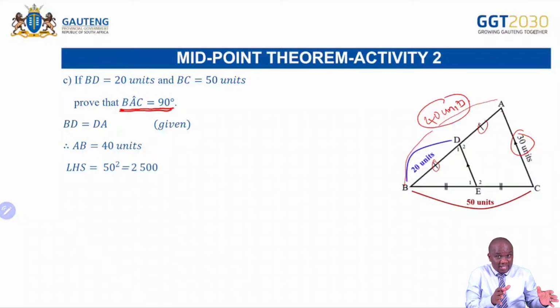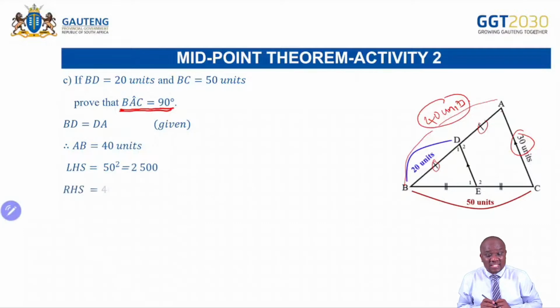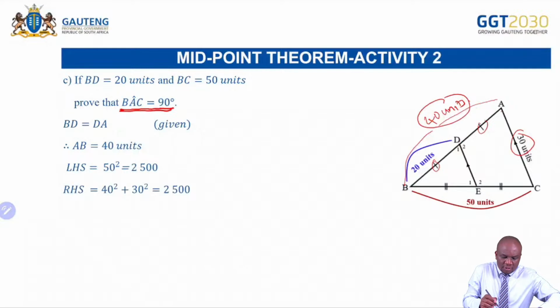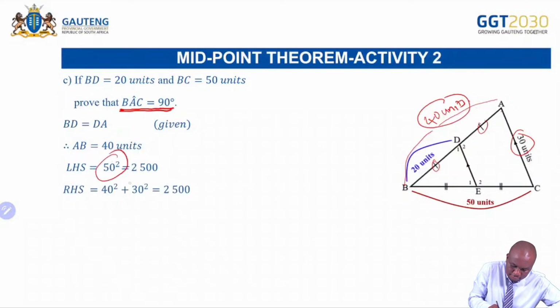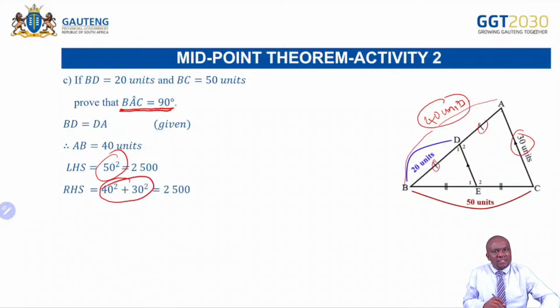That is the left hand side, the hypotenuse squared. And then on the right hand side of the equation, we have 40 squared plus 30 squared. What is it? 2,500. So the square of the hypotenuse is equal to the sum of the squares of the other two sides.